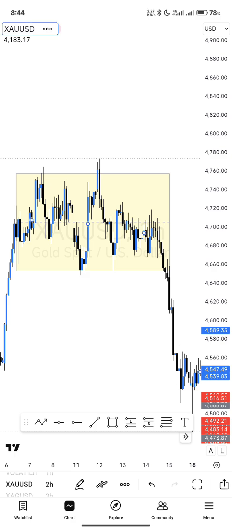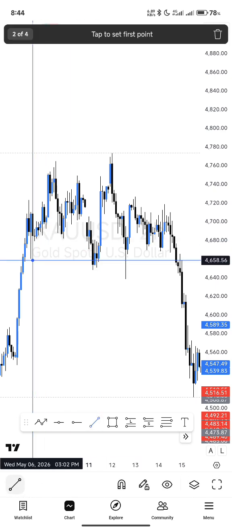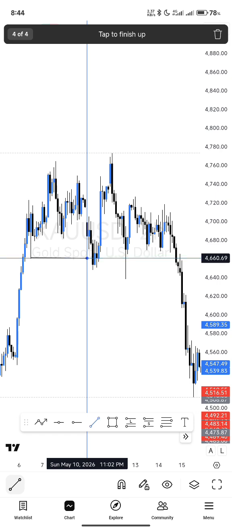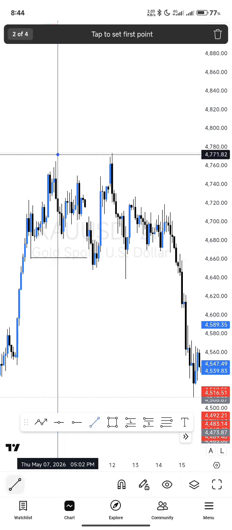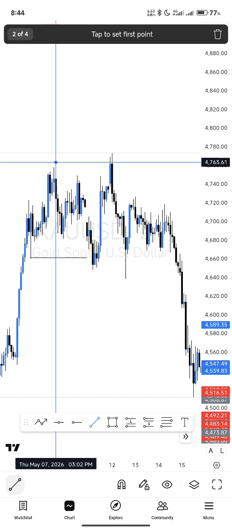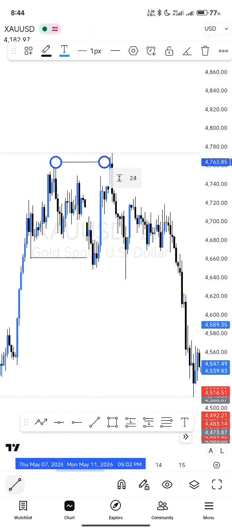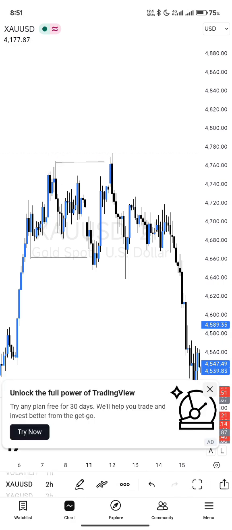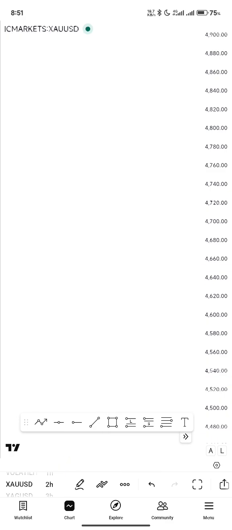Let me take this out. Clearly we can see we have these lows here, and these lows are what created these highs.